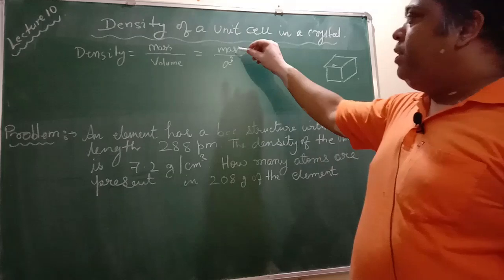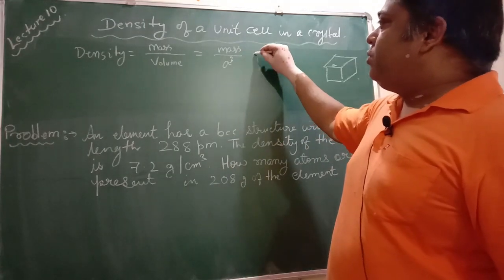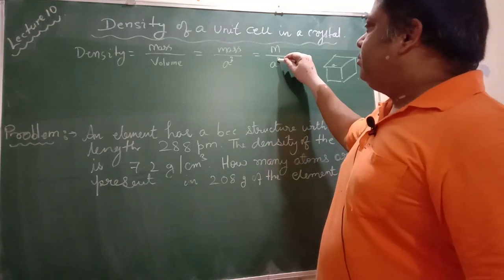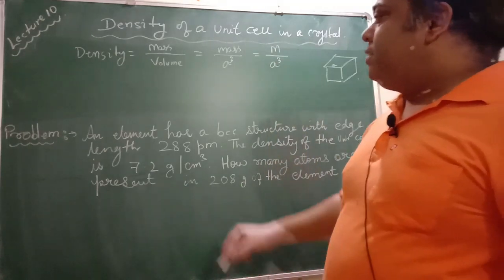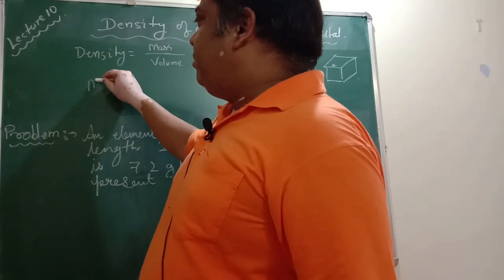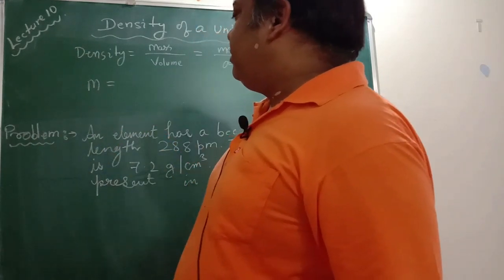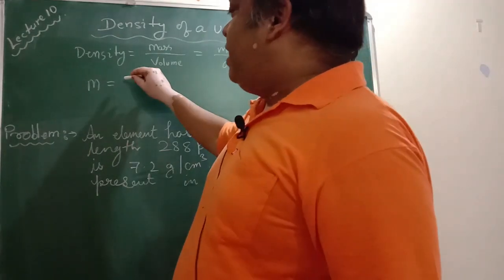Now this mass will be equal to how much? Say this mass is equal to some value M, whereas M can be written in terms of the mass of one atom.